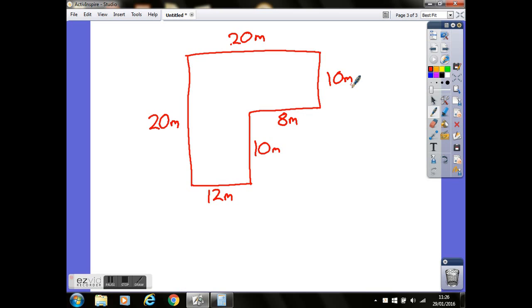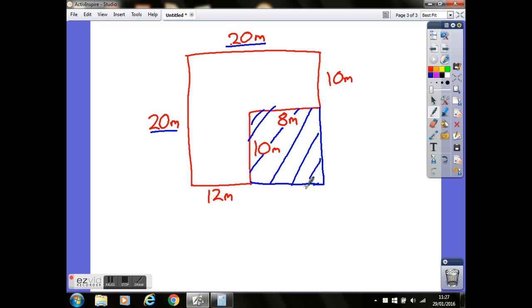Now, if we were going to do the same technique that we used with the square and rectangle, timesing length times width, which is 20 by 20, what we'd end up working out is all the space that's in here as well. So obviously this is not something we want to work out.